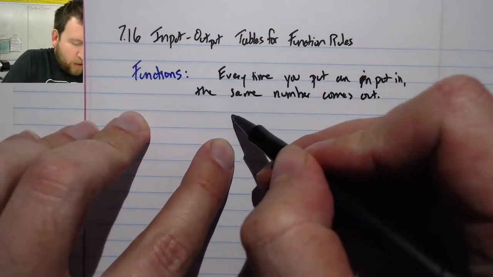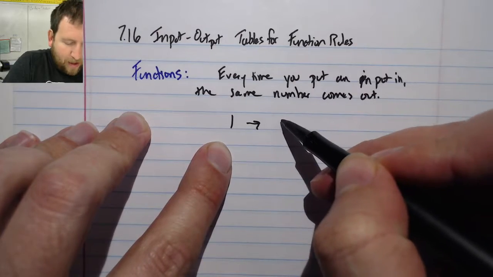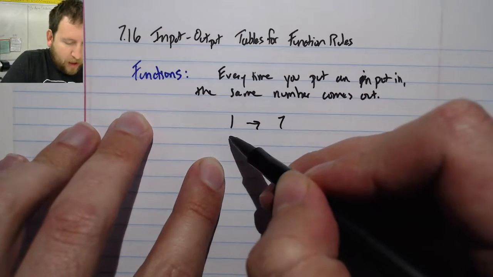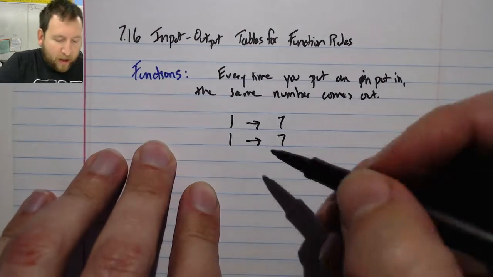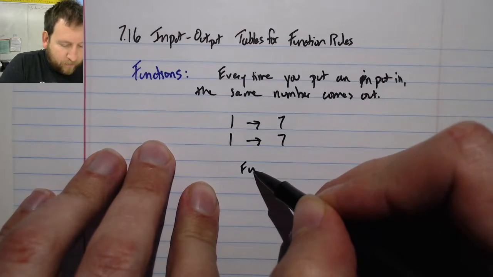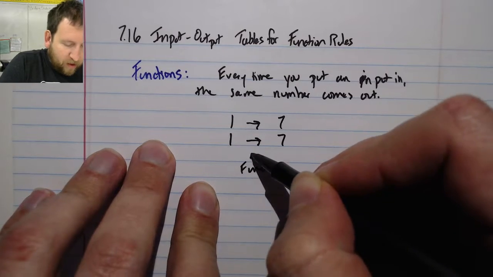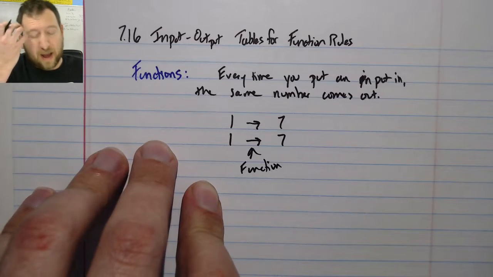So if 1 goes in and then 7 comes out, and we put 1 in again, 7 has to come out. This would be a function. Something happens in there for this function to happen.